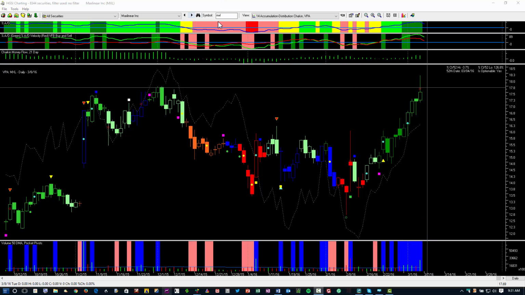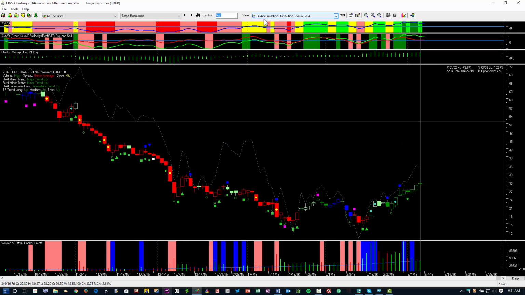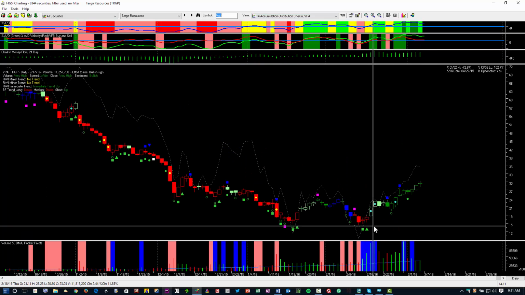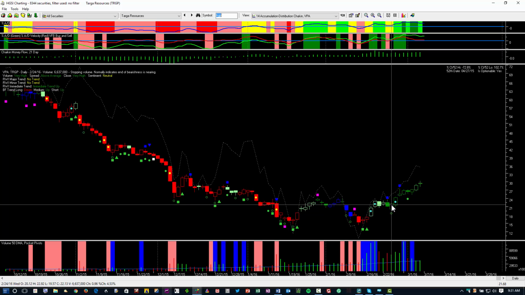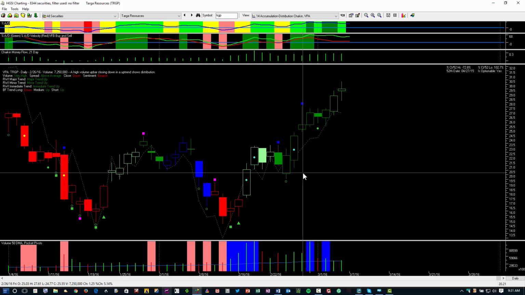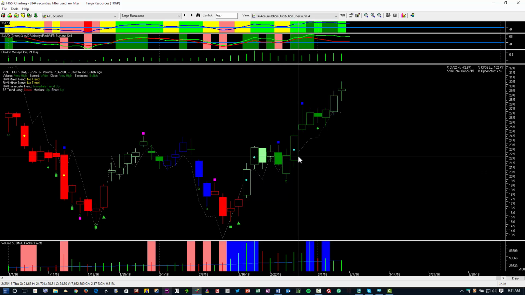Now the other stock is TRGP. I believe I put a chart up on that, and I'm going to zoom in on this. Use your zoom keys, the alternate 1 through alternate 5. They're very fast to use.